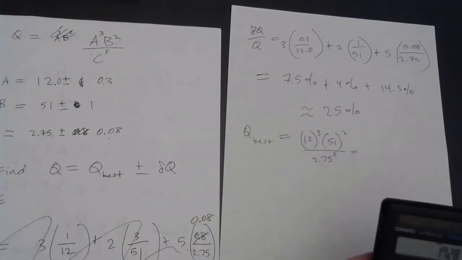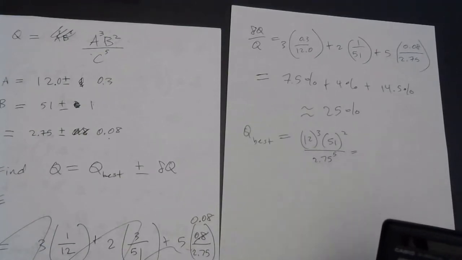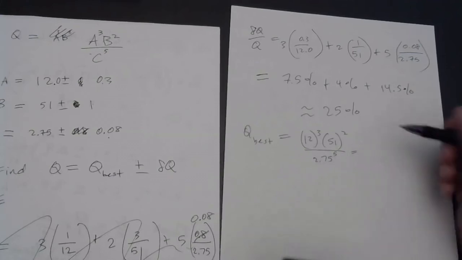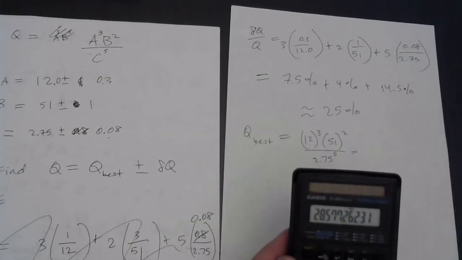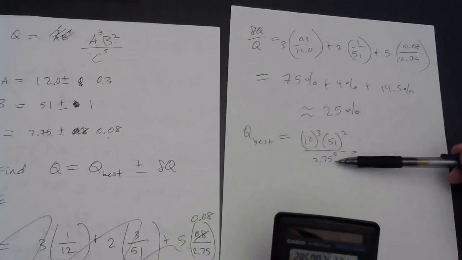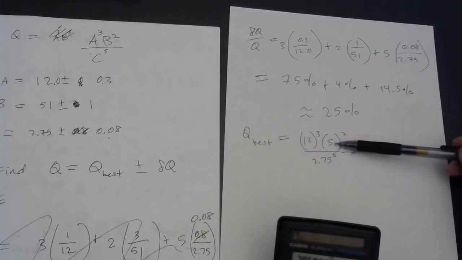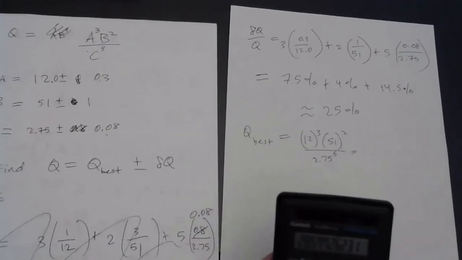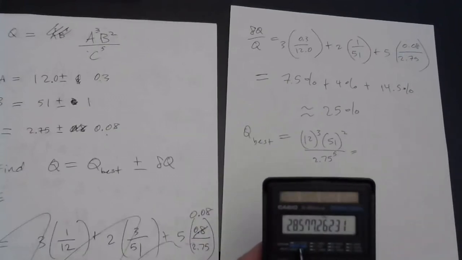I get, okay, that's a big number. How many digits am I working with here? A lot. Let's keep 2 or 3 digits, since each of these numbers that we're plugging in has 2 or 3 sig figs. So I'll round this to 28,600.